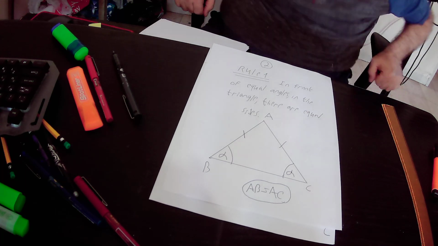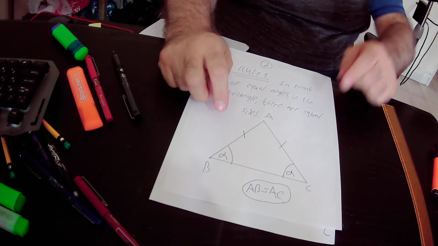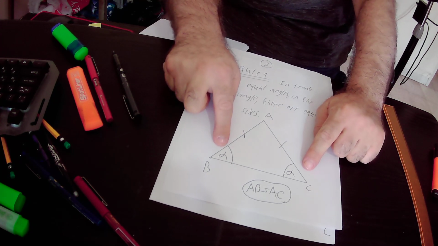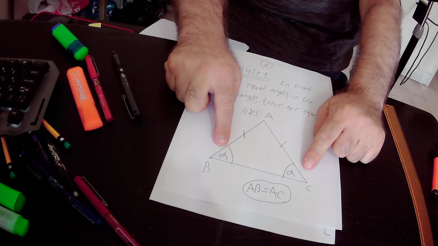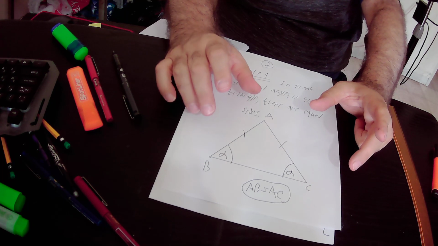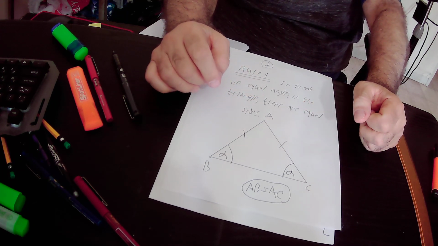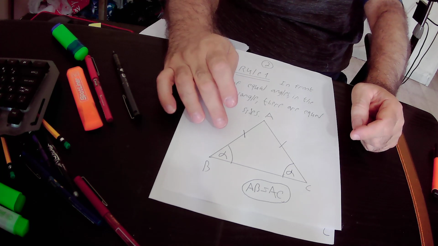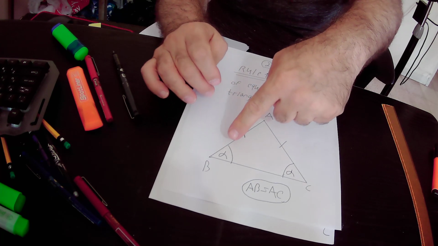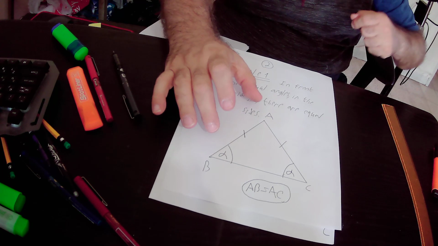So if we have triangle ABC with two equal angles, both equal to alpha, then in front of this angle alpha we have side AC, and in front of this angle alpha we have side AB.